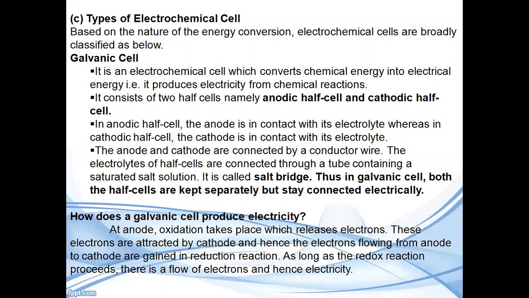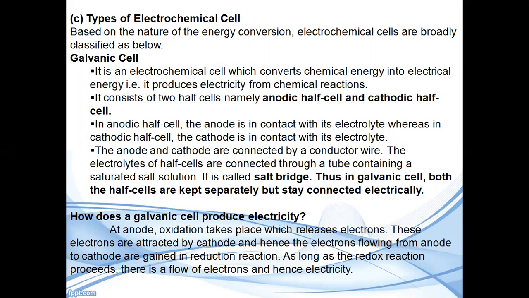So the anode and cathode are connected by a conductor wire. The electrolytes of the half cells are connected through a tube containing a saturated salt solution. It is called a salt bridge. Thus in a galvanic cell, both the half cells are kept separated but stay connected electrically.